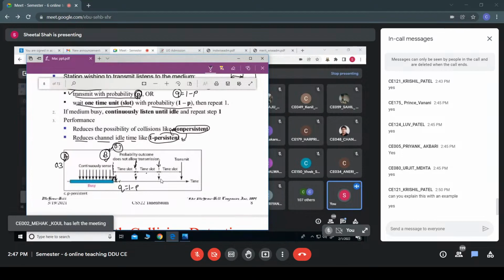So again, with 30% chance, either it may send or it may defer or postpone for the next time slot. Again, it will sense the channel. Again, either it may transmit or it may not transmit. Suppose the probability is 0.5. So there is a 50% chance either station A would transmit or a 50% chance that station B would transmit through this channel. Is this thing clear, everyone?